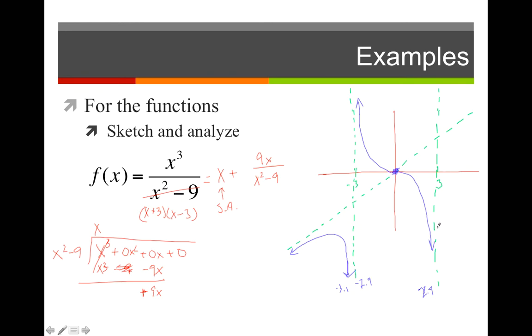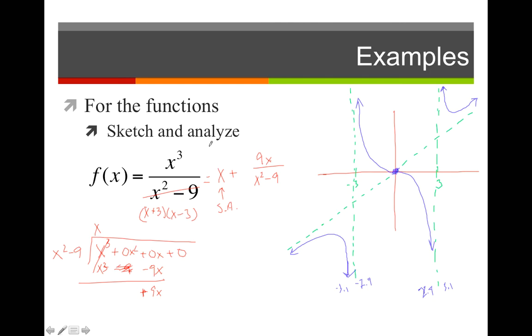And if I did the same thing up here, if I looked at 3.1, I would get something that is positive, and I would get a little piece of the graph that looks like this.